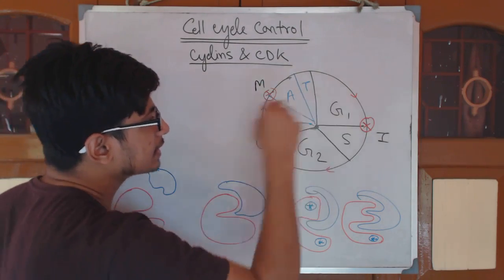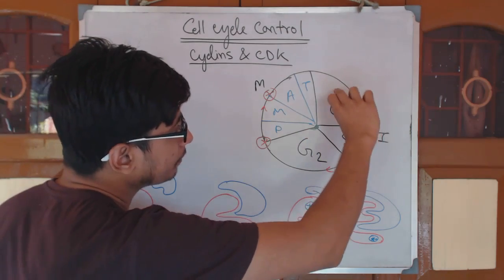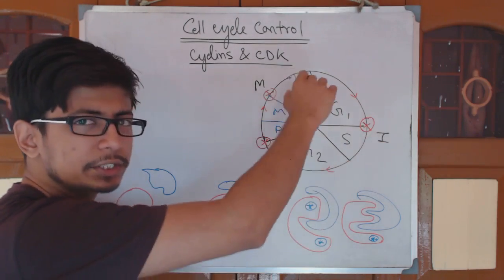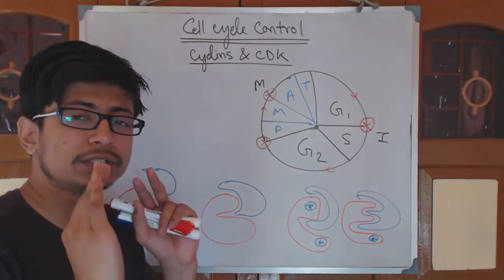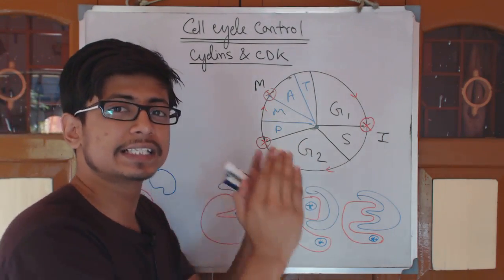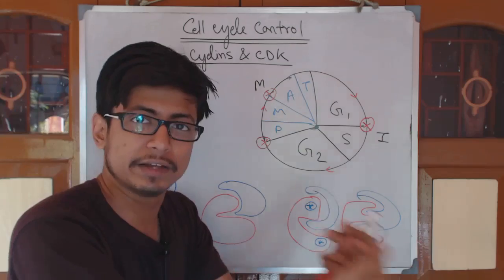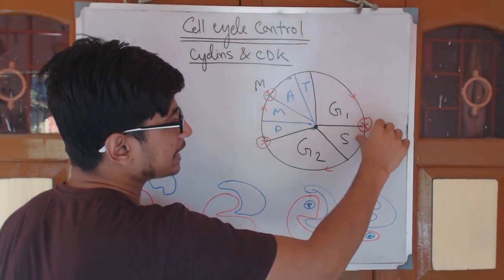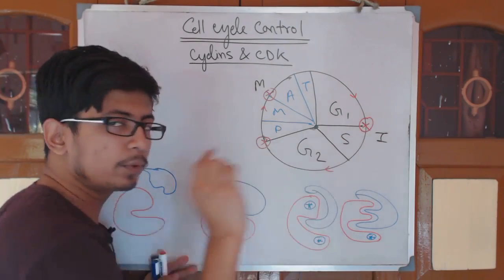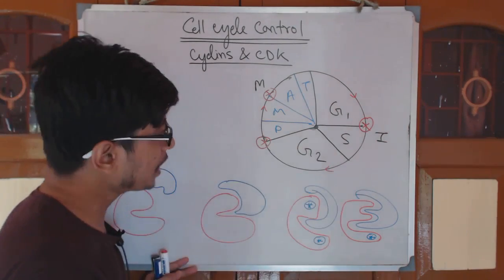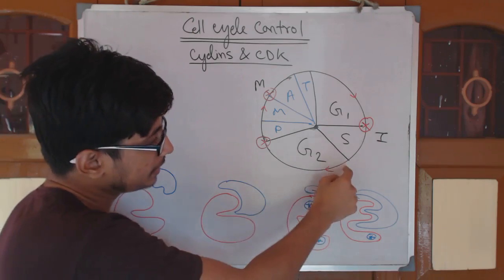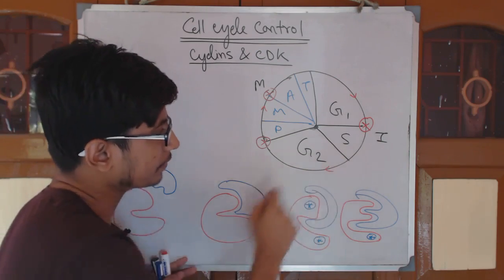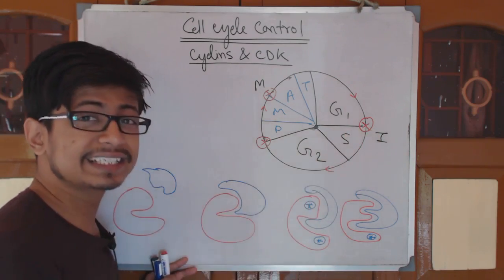Now every time the cell passes from G1, S, G2, all these stages, they recruit a certain combination of CDK and cyclins to drag it to the next level. In the beginning we have a G1S cyclin which acts at this particular junction and puts the cell from G1 phase to the S phase. We have an S phase cyclin which acts here and brings the cell to the G2 phase.